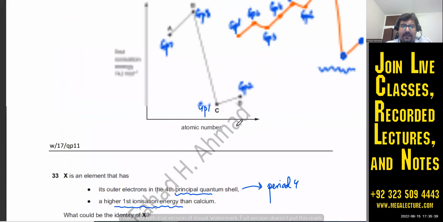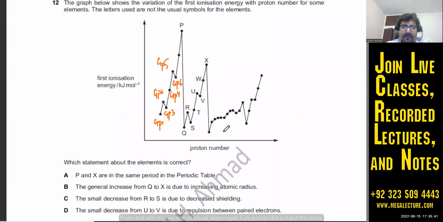So you wait a second. So I think this was potassium. This was calcium. Then there was a dip. I think this was the group 3. And then you had 4 and 5, and there was a dip at 6, and then you had 7 and you had 8.